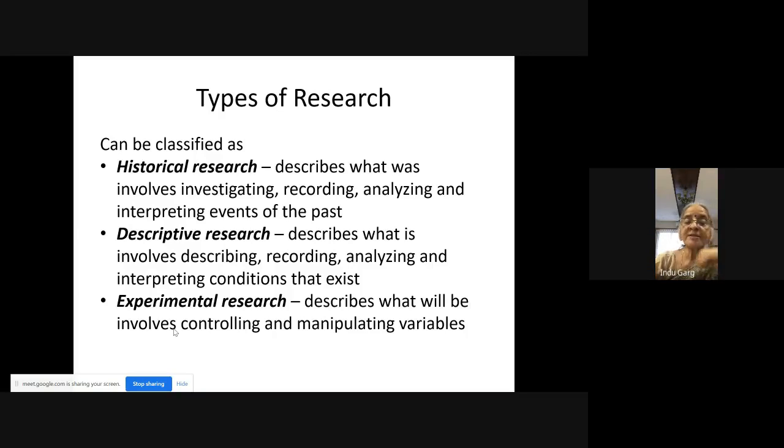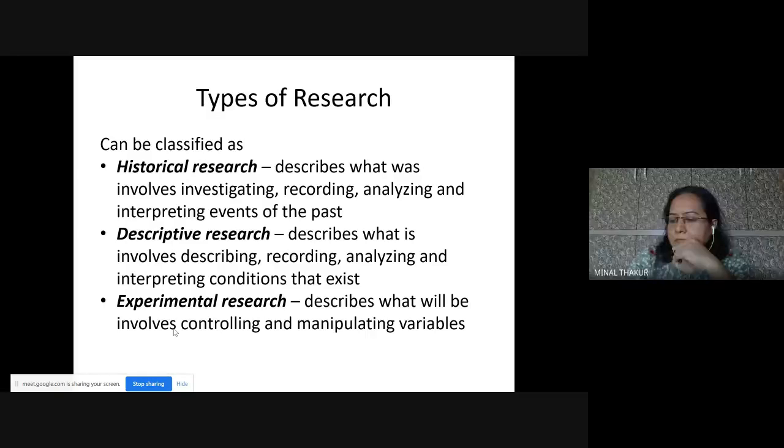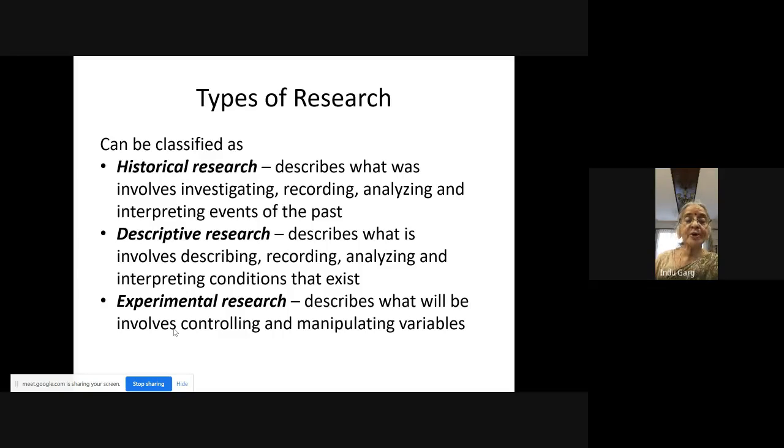What is descriptive research? What is happening? I am teaching a class of 50 9th standard or 5th standard students reading. Okay. Now currently you are in that class, currently you are in your school, and you collect information, you observe your students, you make a note, and then you will say that 50% of my class was not able to read, 50% could read well.